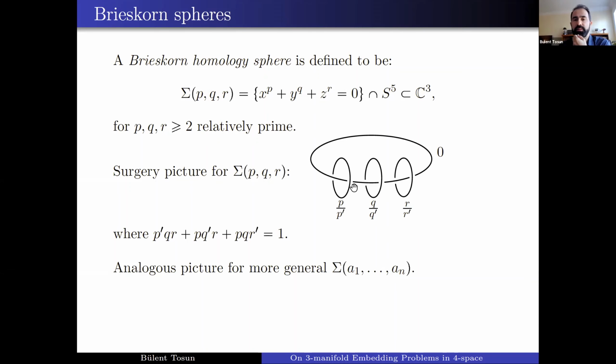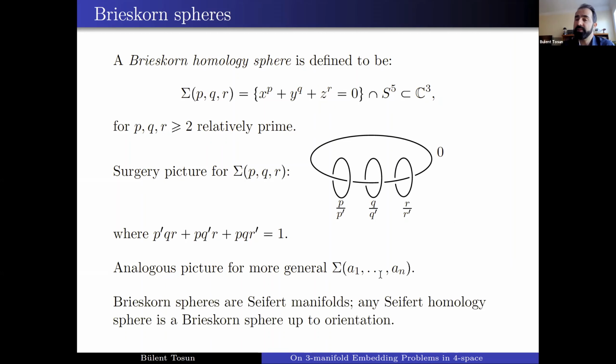You can think about those that have n singular fibers, and again there will be one equation that the a_i's and the denominators need to satisfy. So as this picture suggests, and the same is true for general Brieskorn spheres, they are Seifert fibered spaces. And not just that, if you focus on the Seifert fibered homology spheres, they are indeed Brieskorn spheres up to orientation. So this really encompasses all the Seifert fibered homology spheres if you include orientation.